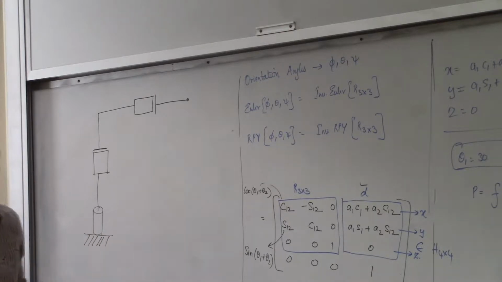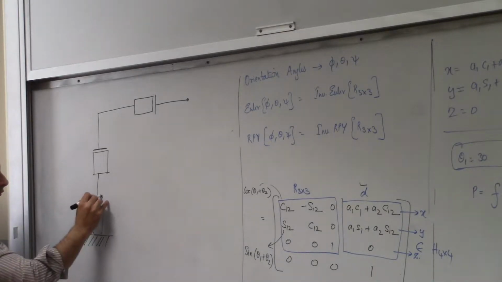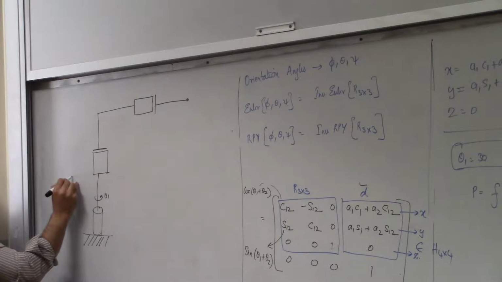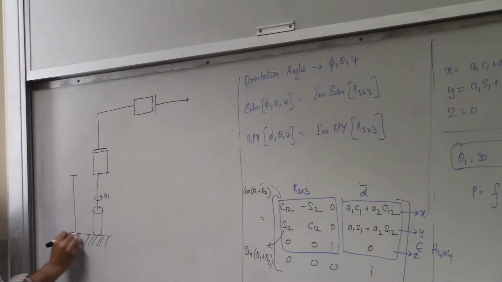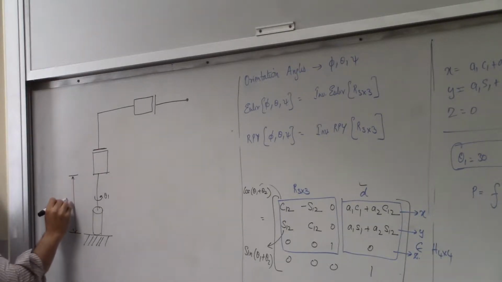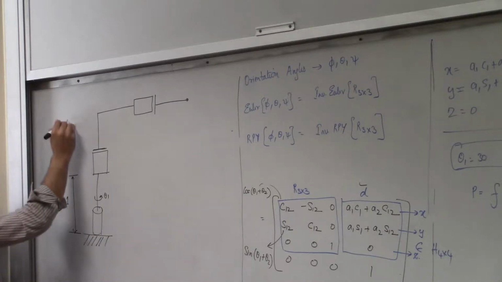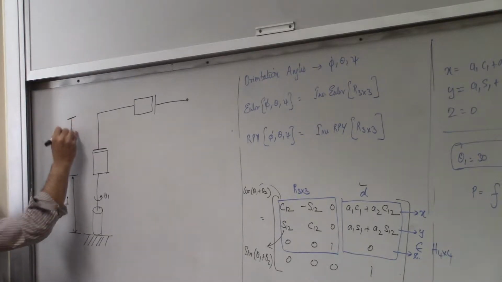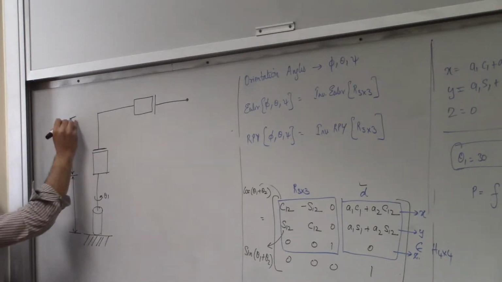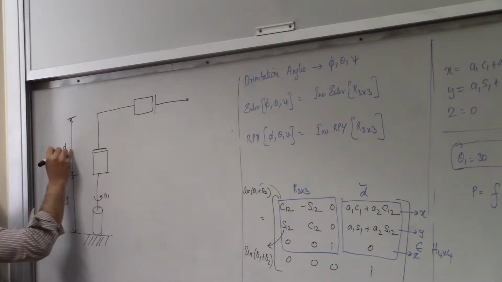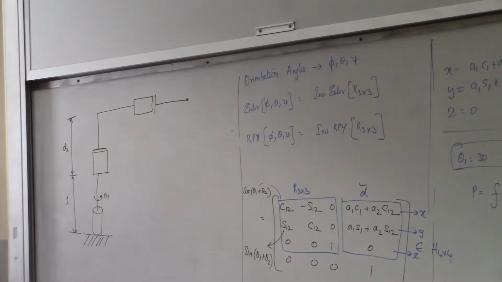So this is theta 1. This distance is given as 1. From here to here is d2. Okay.